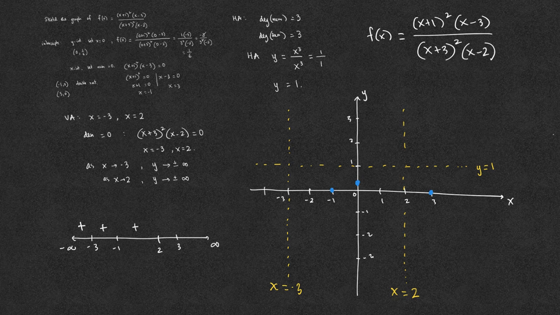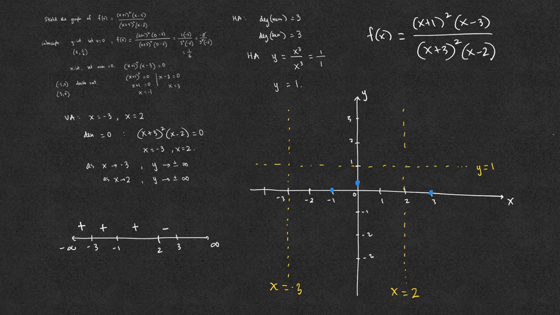For the next interval from 2 to 3, pick any number, 2.5 for example, and we plug it in. 2.5 minus 3 is negative, 2.5 minus 2 is positive, and so a negative over a positive is a negative, and so the graph will be below the x-axis from 2 to 3.